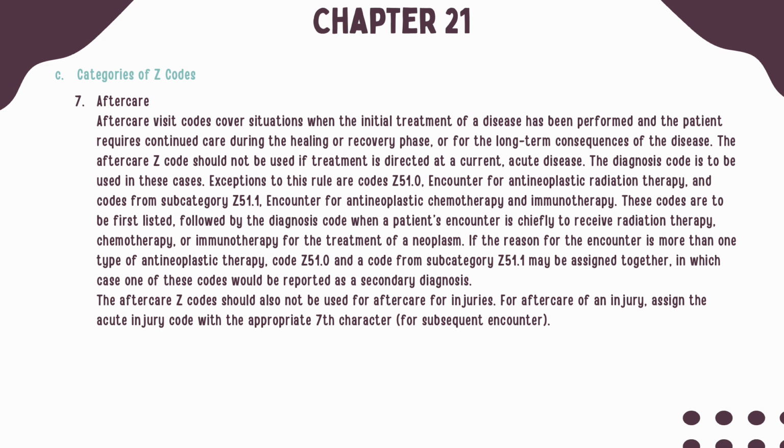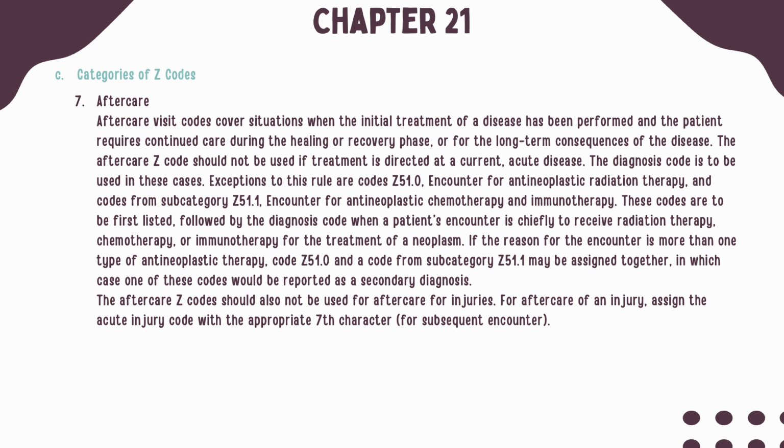The exceptions to this rule are Z51.0 and Z51.1, encounter for anti-neoplastic radiation therapy and anti-neoplastic chemotherapy and immunotherapy, respectively. These codes are to be first listed when the patient's encounter is solely for the treatment of the neoplasm, followed by the diagnosis code for the cancer or condition.